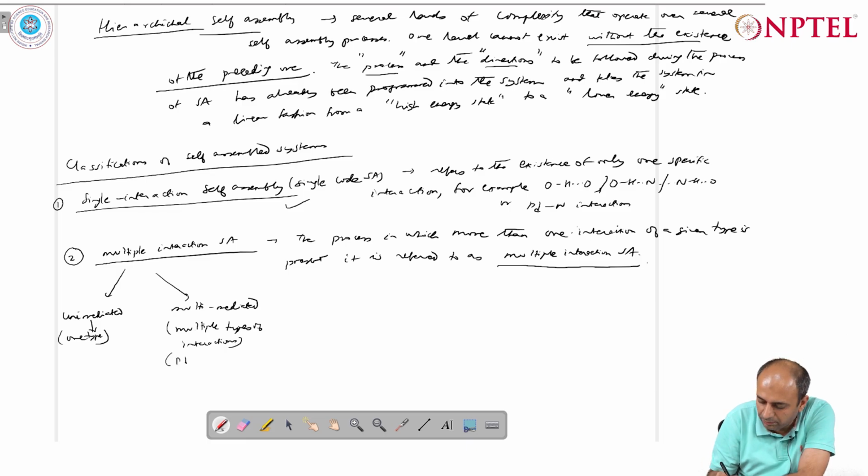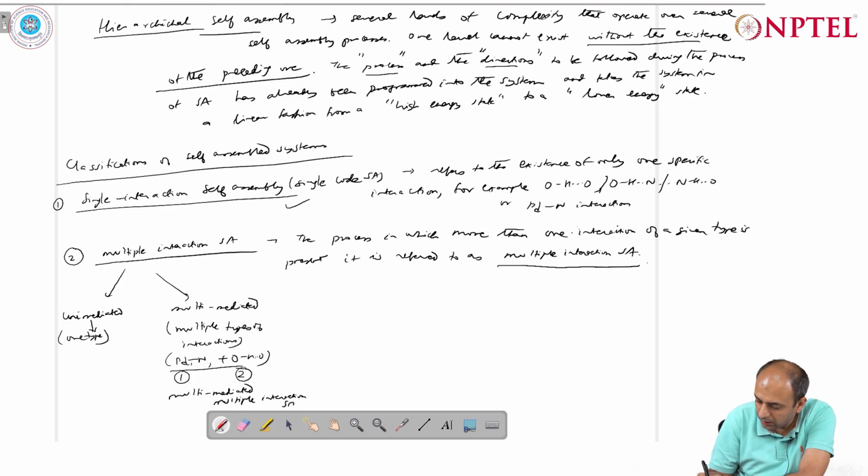For example, you can have both palladium nitrogen interaction plus OHO hydrogen bond, then it becomes a multimediated self-assembly process. So, if there are now different categories of interactions, so this is one category of interaction, this is another category of interactions, and also their numbers are more than one, then this is referred to as a multimediated multiple interaction self-assembly.